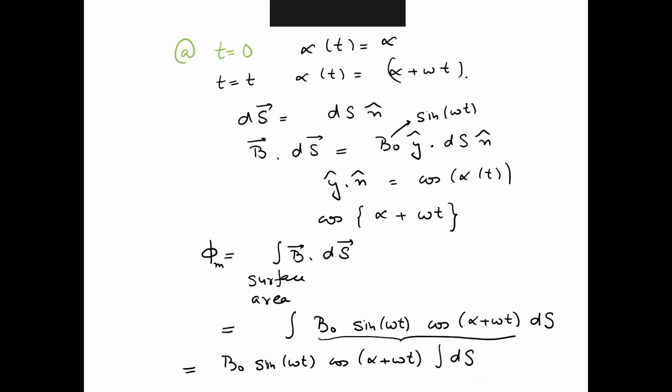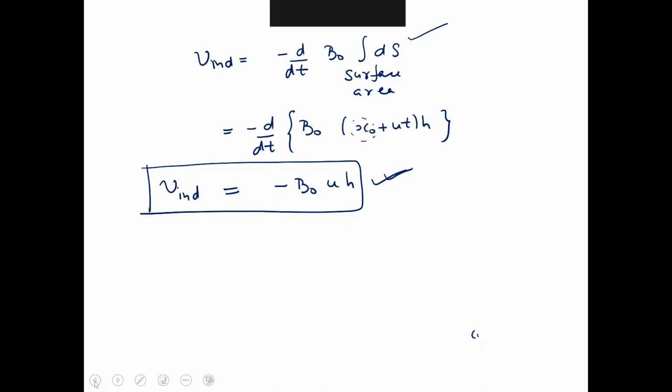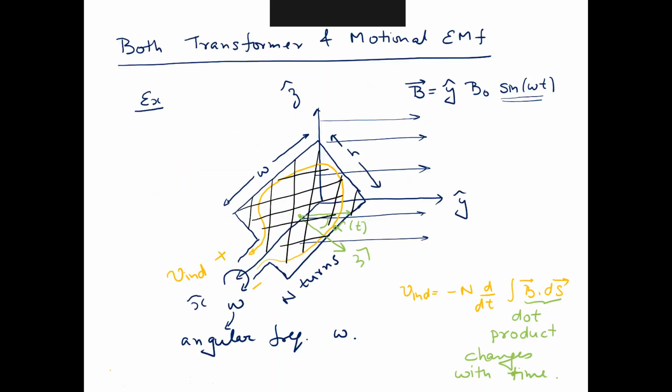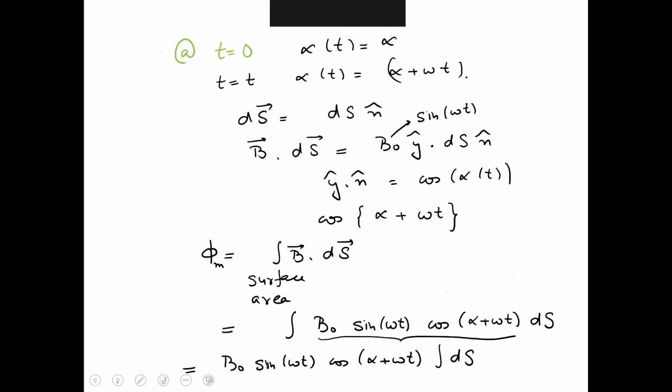But integral of ds would be nothing but this shaded surface area, which would be the width multiplied by the height h. So this becomes B naught sine of omega t cos of alpha plus omega t times h, and let me put this w separately, times h w.